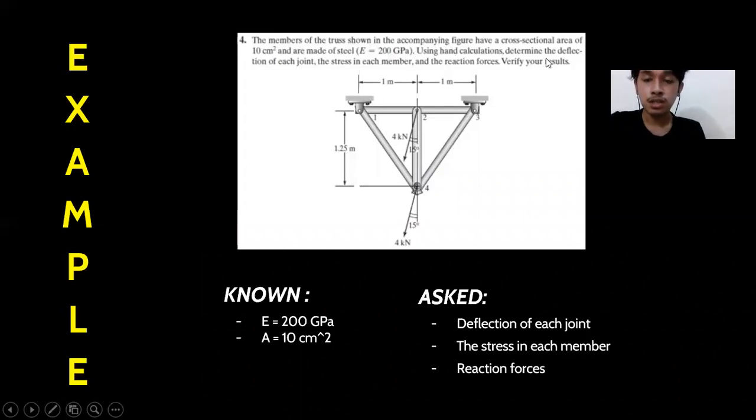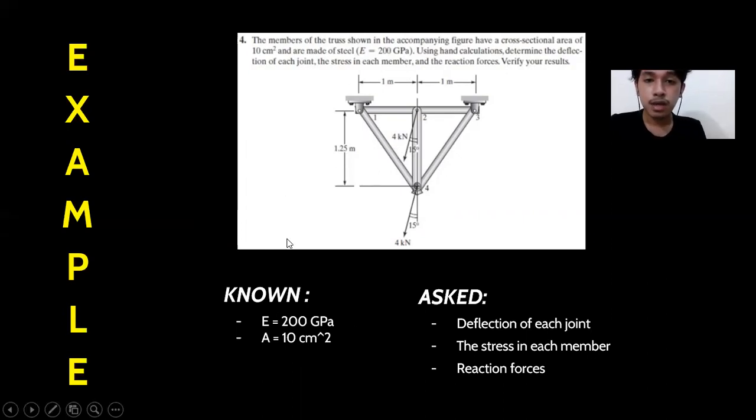Using hand calculations, determine the deflection of each joint, the stress in each member, and the reaction forces. Verify your results. Right, so it is known that we have the elasticity of 200 GPa and the area of 10 centimeters square. And here are the things that were asked.